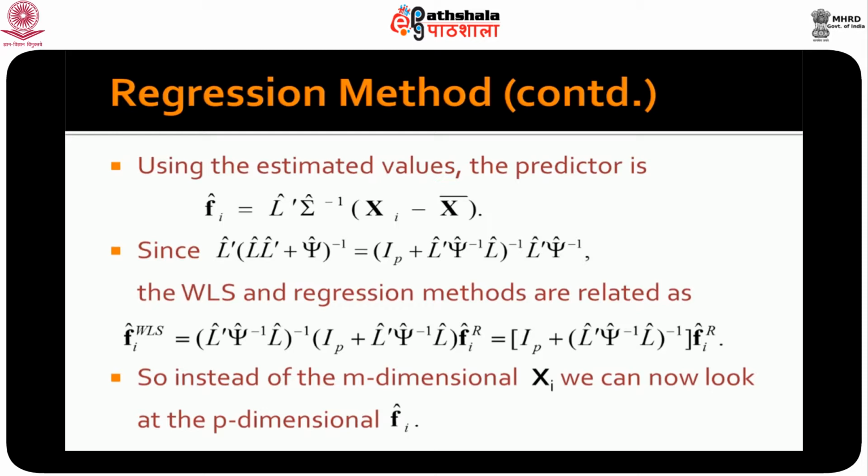If we use this, we can show that the weighted least square estimates that we have found before are related to the regression estimates that we have found now through the relationship. So, these are certain ways of finding the factor scores. There are two distinct ways, and as we showed, these two can be related to each other.